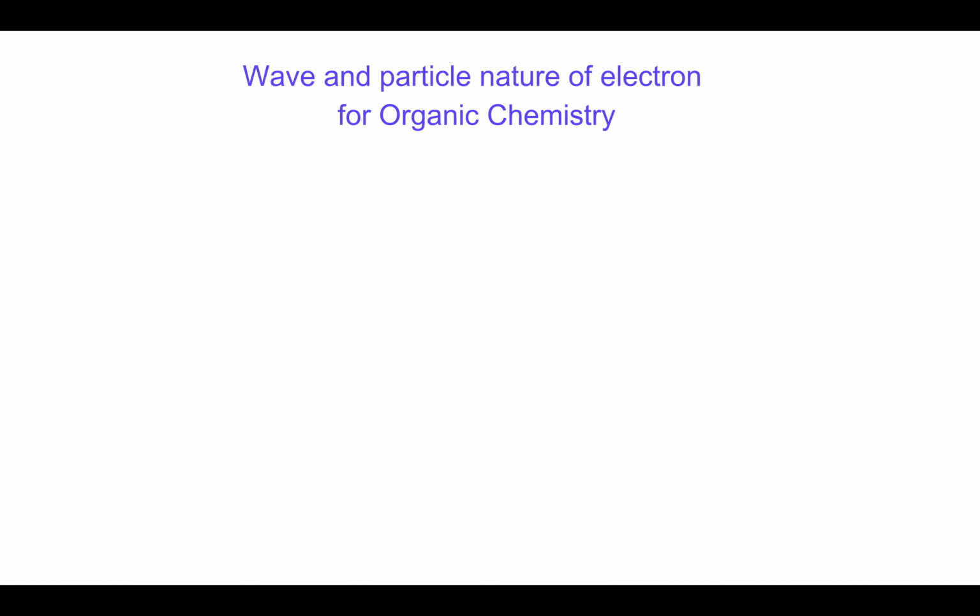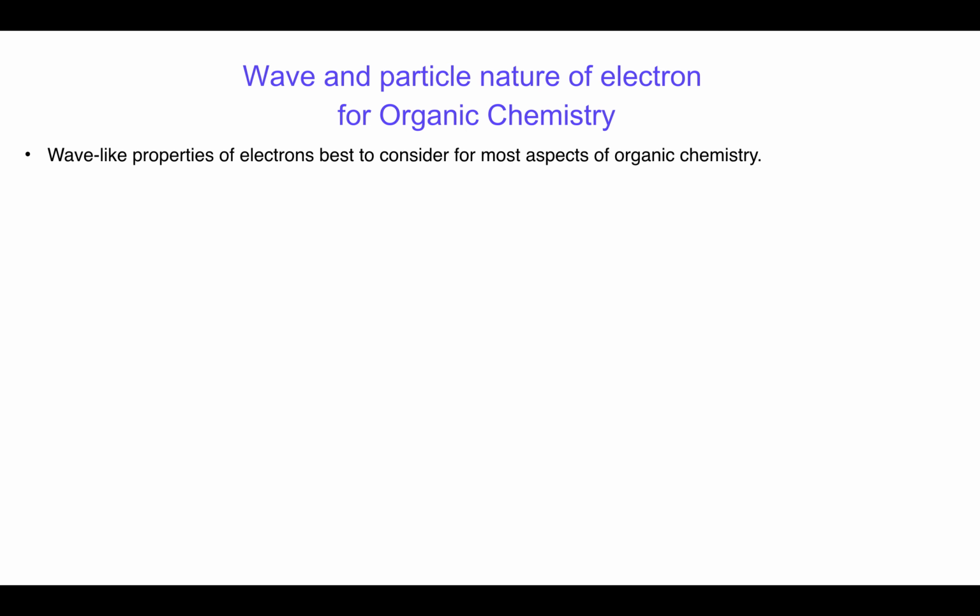So now we talk about the wave and particle nature of electron for organic chemistry. That is, what's the importance of considering the wave nature of electron or the particle nature of electron while we are studying organic chemistry? Actually, the wave-like properties of electrons are the best thing to consider for most aspects of organic chemistry, for example, the structures of organic molecules and similarly the chemical reactions.